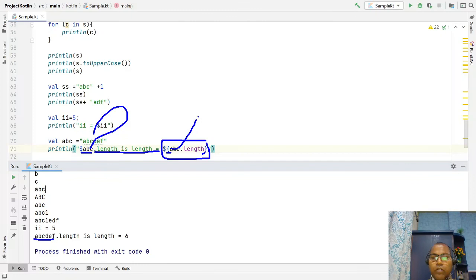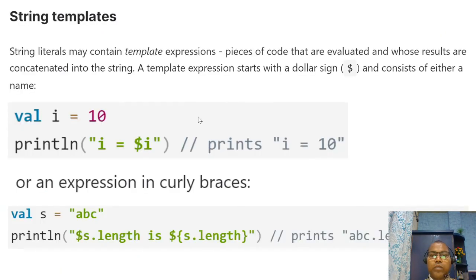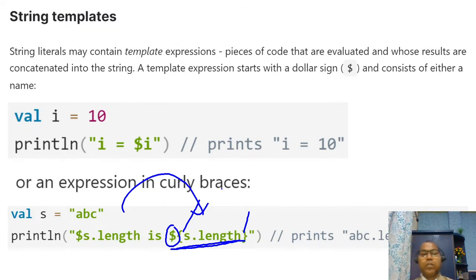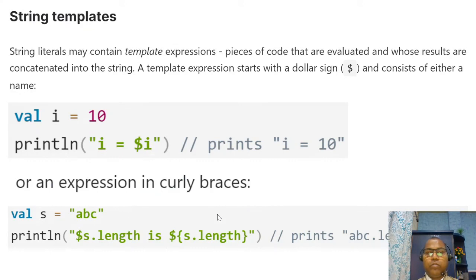So please consider, while using string templates, be sure that whenever you are going to access any property or any function, you have to use these open and close curly braces. Then it works. This is the dollar symbol, this is the template, and the value will be replaced by what the variable contains. In this way we can use string templates.